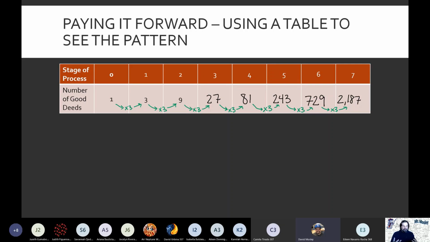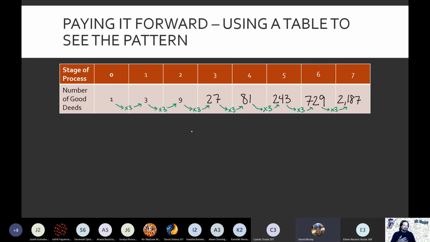So the rate of change, so to say, for this function, for this table, for this process, is multiplying by 3. In our previous unit, all of our rates of change were a consistent number being added. The rate of change would be 2, and we add 2 each time.